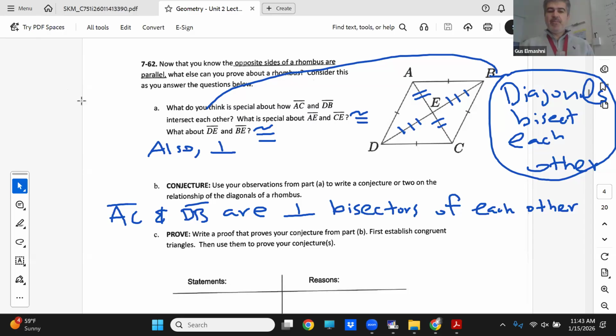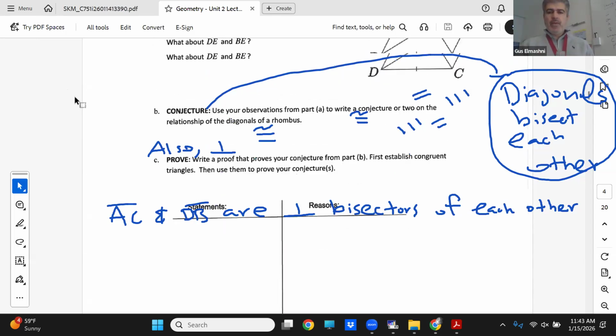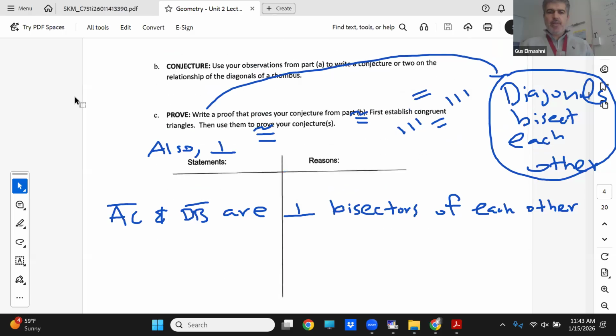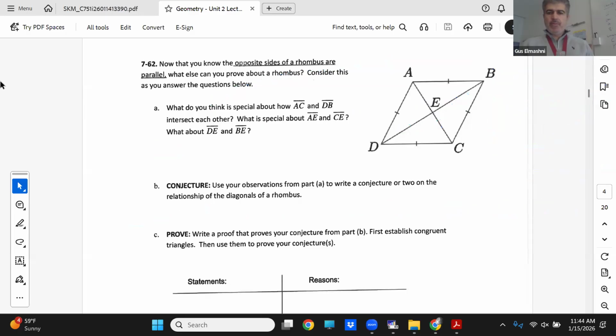BE and DE, and CE and AE being the same, you haven't proved that yet, right? We're going to. Okay, let me draw that again, because I'm going to need this drawing. I'm just going to redraw this rhombus.